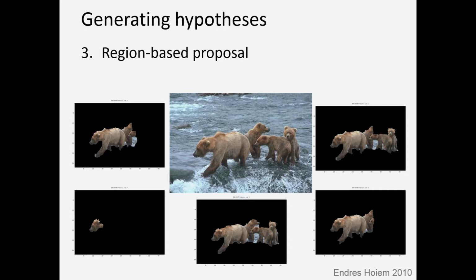You expect all the objects to more or less have some uniform texture, right? So if you try to segment different things out, you can start by clustering the pixels together. Actually, we'll talk more about that next week when we talk about segmentation. So basically, you cluster some of these pixels together, then cluster more and more, then you have patches, and those patches can be your region proposals.